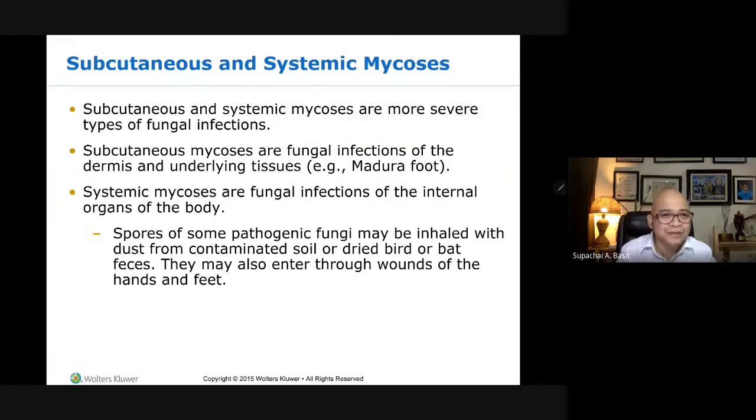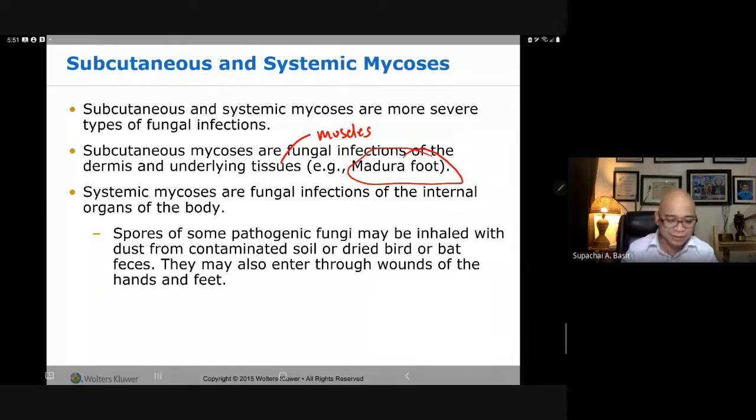So subcutaneous mycosis will now infect the area beneath the dermis and underlying tissues. So this would already include muscles. Okay, so Madura foot is an example of subcutaneous mycosis.